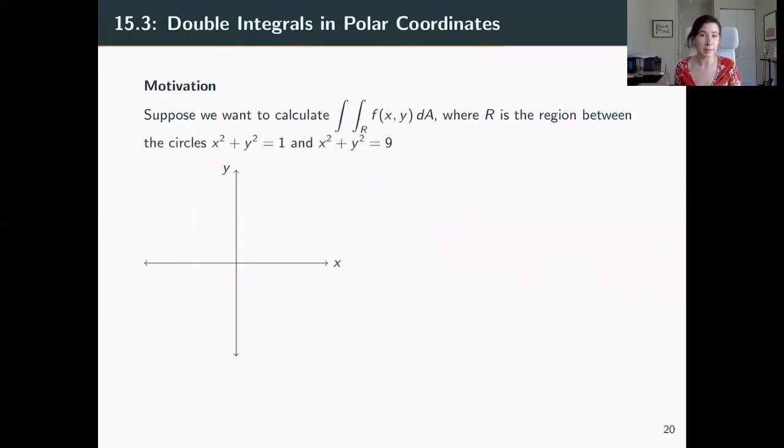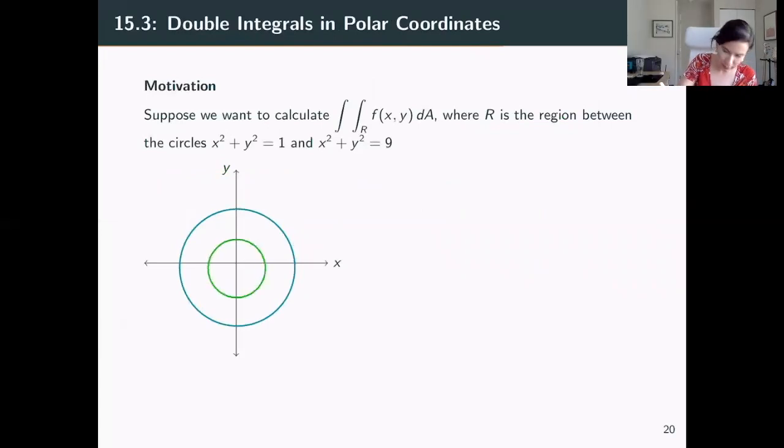So the previous example was bad enough. Let's go ahead and see another example where even just finding limits of integration is going to be really challenging. So suppose that we have a region between two circles. Here, the region that I am looking at is going to be this region here. Now, imagine that you wanted to try to set up limits of integration in our standard Cartesian rectangular coordinate system, but for these circles.